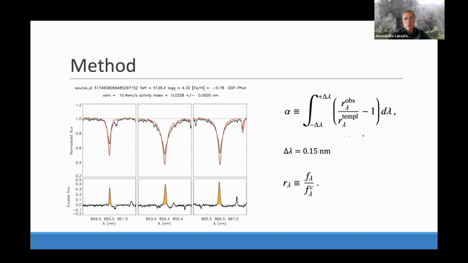So essentially, here you have in black the observed spectrum in the 3 lines of the calcium infrared triplet. In red we have a model spectrum taken at the parameters of the star, which means effective temperature, log G, and metallicity.